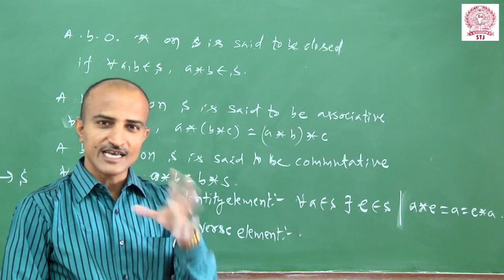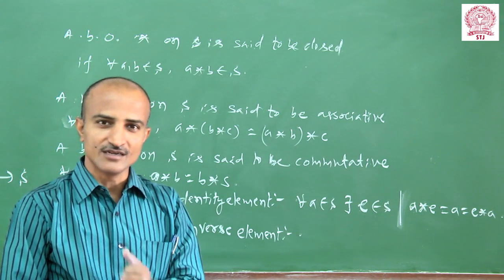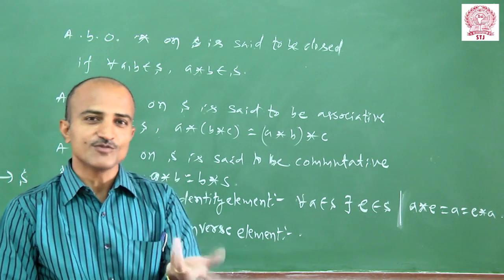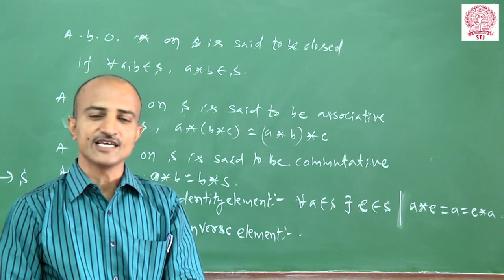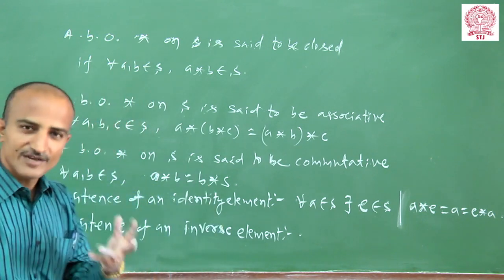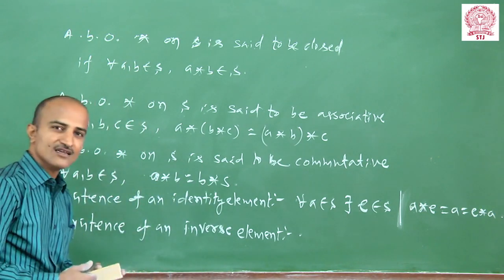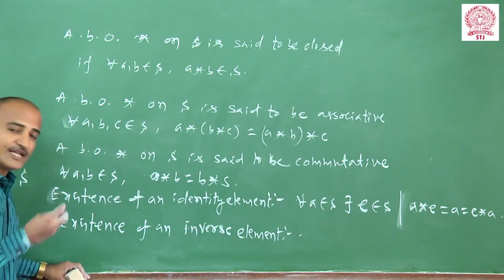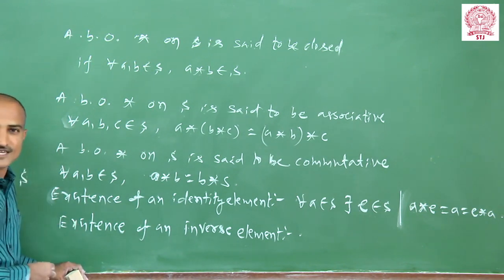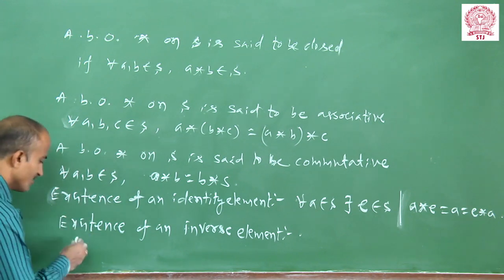Similarly, compose a with 1 by a, we get 1. That means a into 1 by a, into is multiplication. Under multiplication, the reciprocal of an element is the inverse of an element. In general, whenever the operation is star, its inverse is denoted by A inverse.